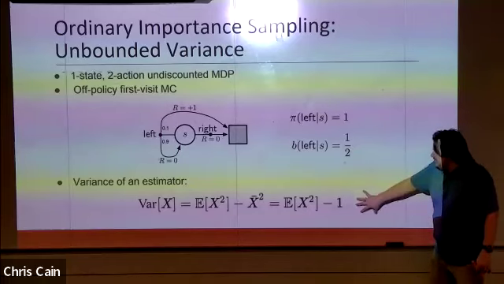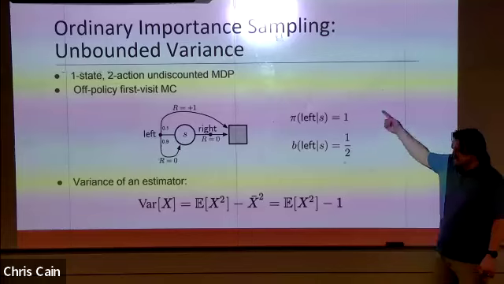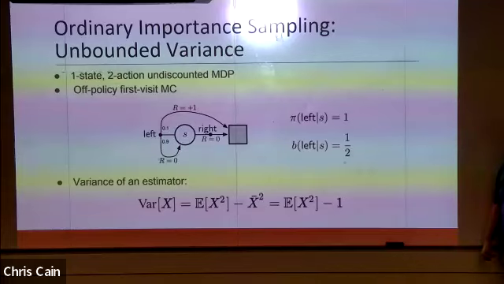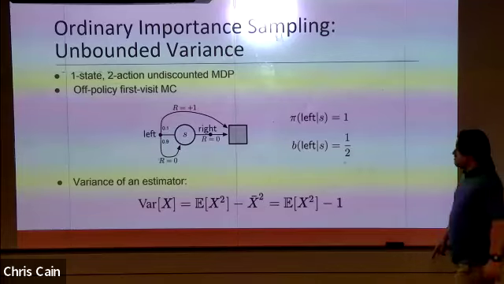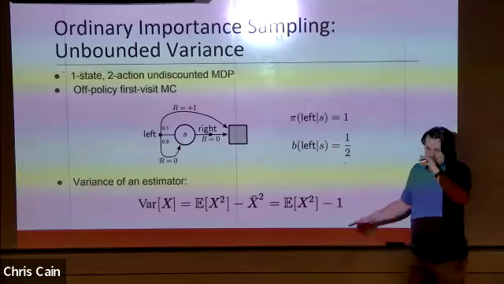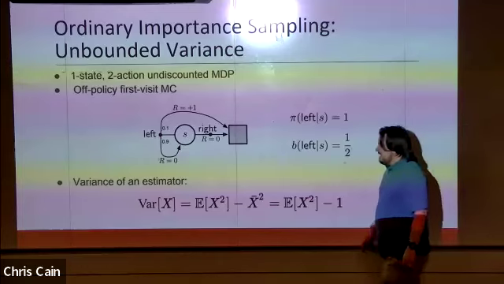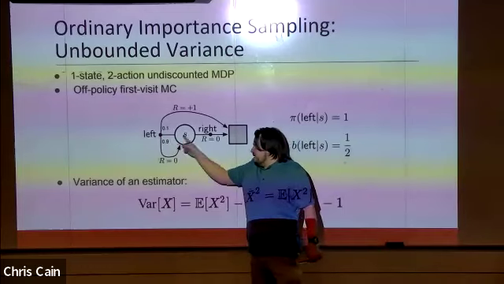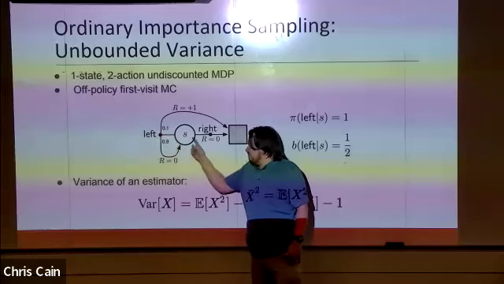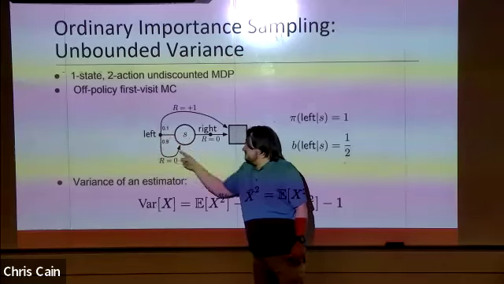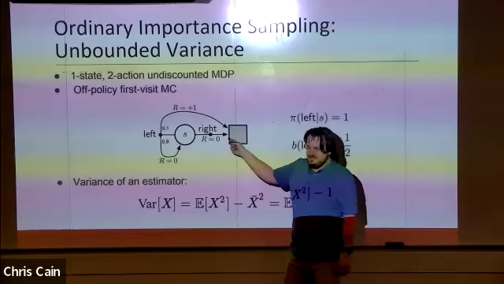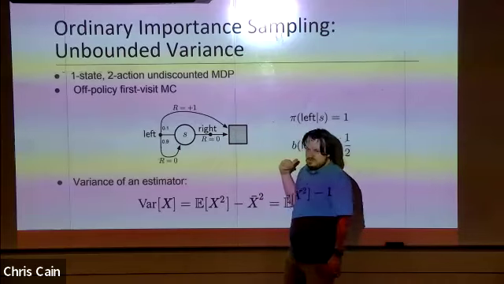If we wanted to come up with an equation to figure out what is that variance, how likely is it that when we train two different agents according to this, they come up with different policies? There's no guarantee for this. And the reason for that is there is a reasonable probability that every time we explored left, we just got left, left, left, left, right. And we terminated it by choosing to go right with that 1/2.